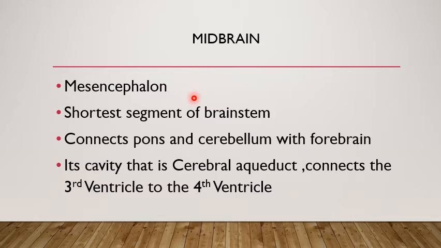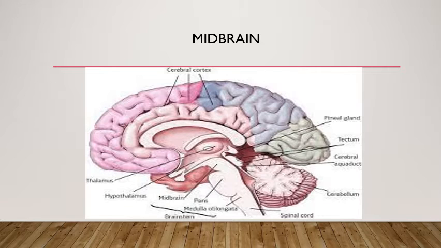So as I mentioned, midbrain, also called mesencephalon, is the shortest segment of brainstem, and connects pons and cerebellum with forebrain. And its cavity, that is cerebral aqueduct, connects the third ventricle to the fourth ventricle.